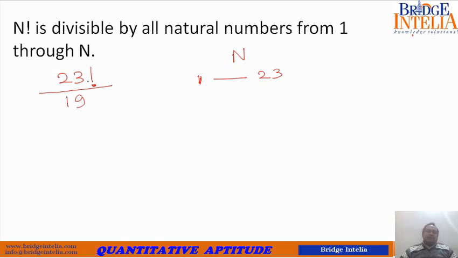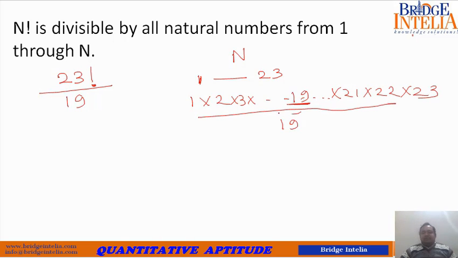Why does this happen? 23 factorial will be equal to 1 into 2 into 3 into this product up till 23. So this would also include 19. So when you try to divide this by 19, it is definitely going to get divided. It doesn't mean that it will not be divisible by any number outside this range.